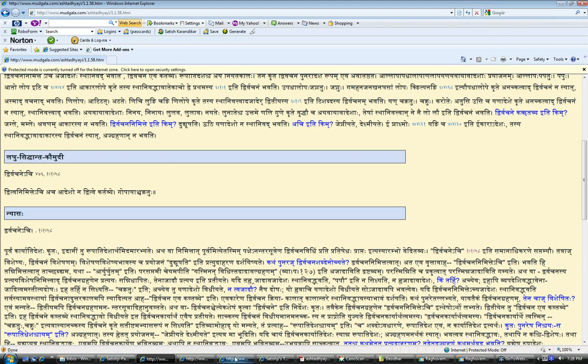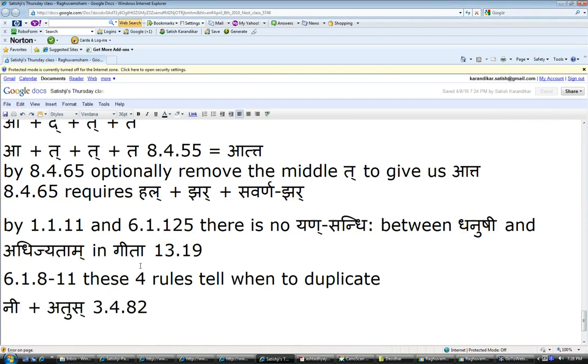So what do we have? We have ni plus atus. This atus is an ajadi pratyaya. It is also the one which is causing duplication because of liti dhaturanabhyasasya, 618. So this lit pratyaya is causing duplication.